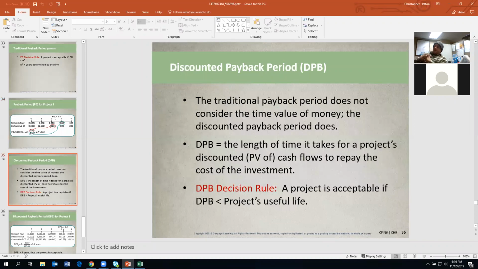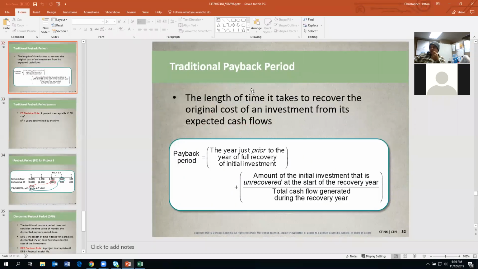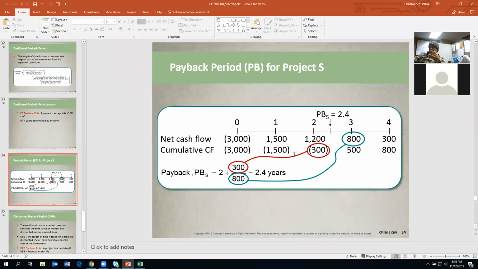All right, now discounted payback period takes into account all of the present values of a series of cash flows. So we're going to make 1,500, then 1,200, then 800, then 300. We want to take into account that we're going to be provided a required rate of return, and then we discount this to that present value of future cash flows.